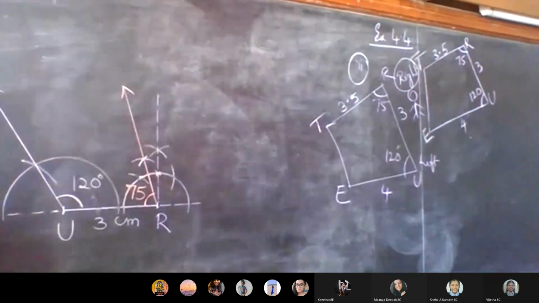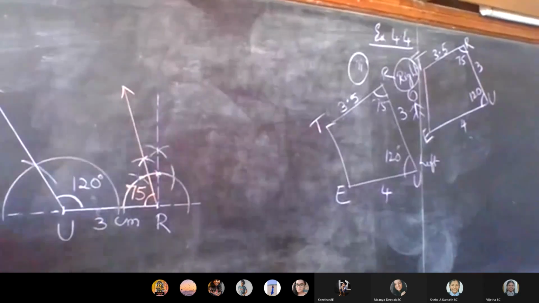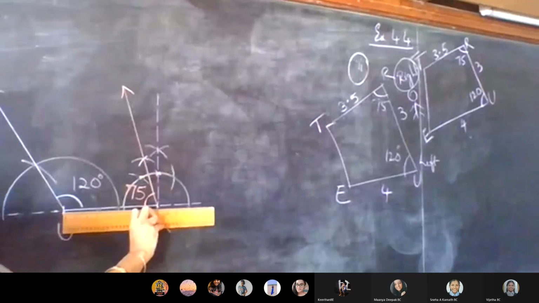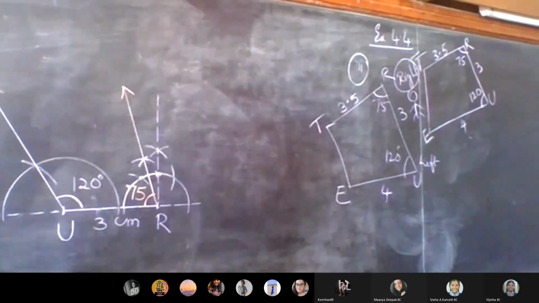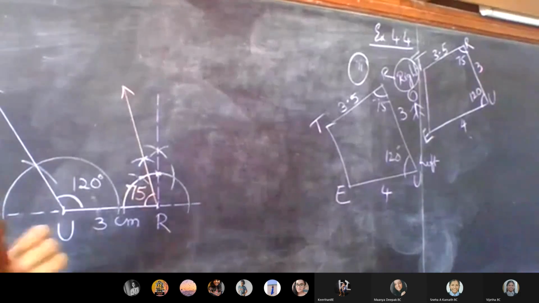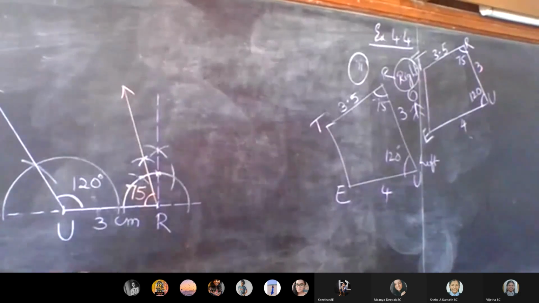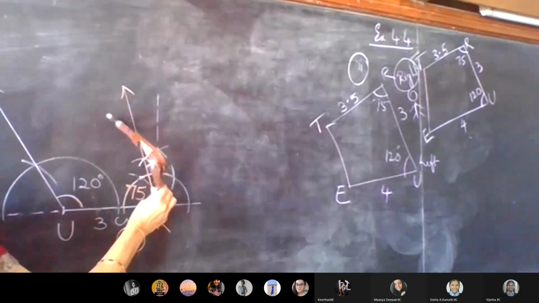Now, I should cut this for 3.5 centimeter. 3.5 centimeter. From R, 3.5 centimeter. Bhargav, you are doing? From R, 3.5 centimeter I have to cut.